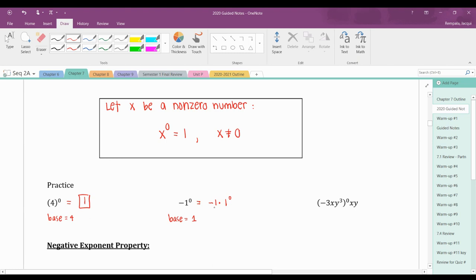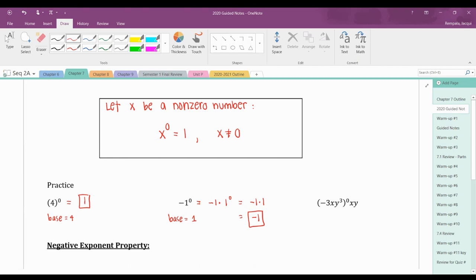If there are no parentheses, then the negative is not a part of the base. Now that I know it's really just 1 to the power of 0, we turn that into a 1 because of our definition. So this problem tells us that we want negative 1 times 1, which gives us an answer of negative 1.